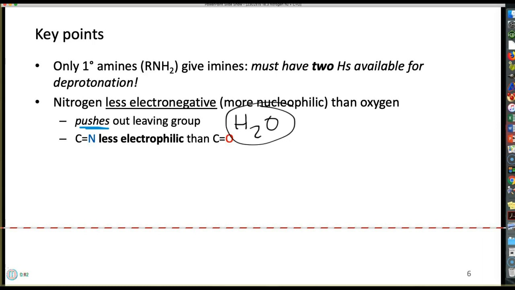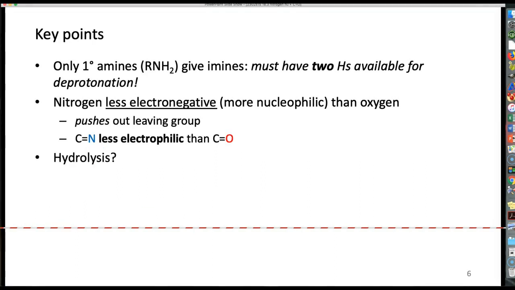Furthermore, once that happens, because nitrogen is less electronegative, imines are just less electrophilic. So that pushed out water is really less likely to go back and attack the CN double bond. So that's the whole story about imines versus acetals.